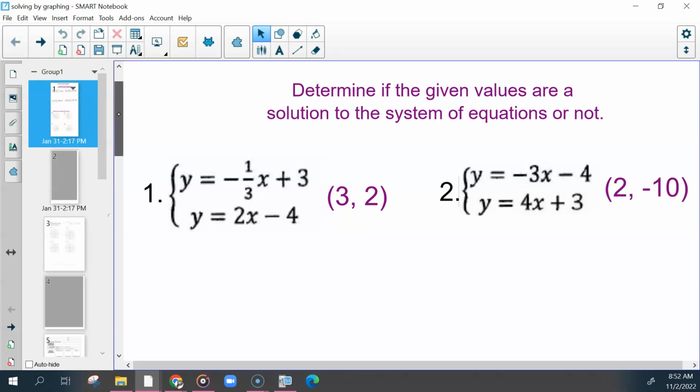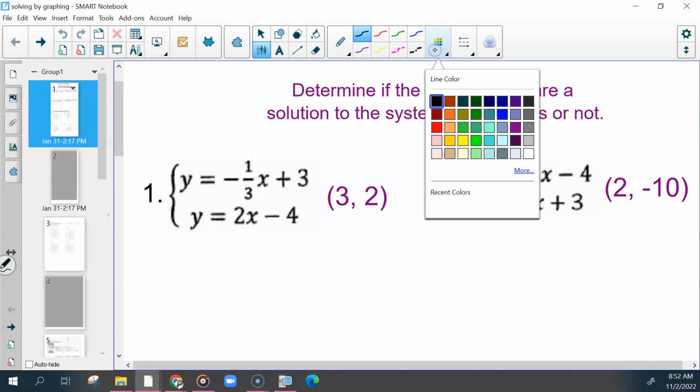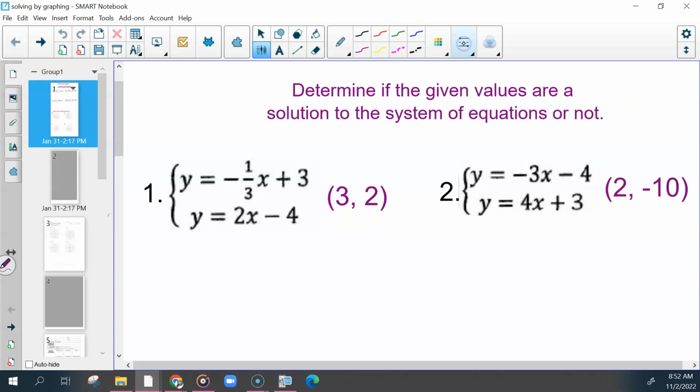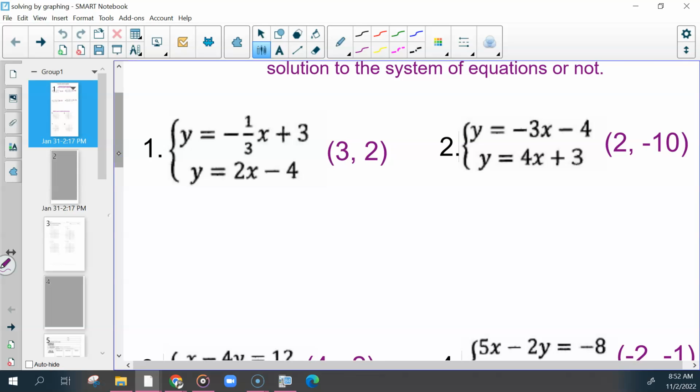What do we think? Chris? Mm-hmm. So if you get something as an answer, and maybe you're not sure, is this the right answer? Put this back in for all of your variables. So this is x, this is y, put them in for everything. And see, does it work? Remember, these have to be true statements.